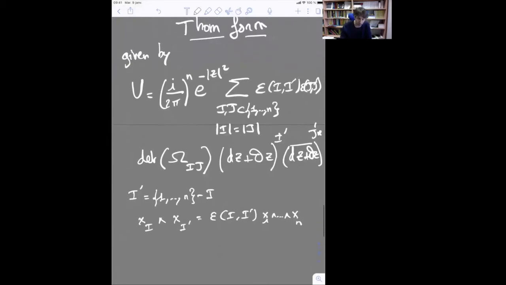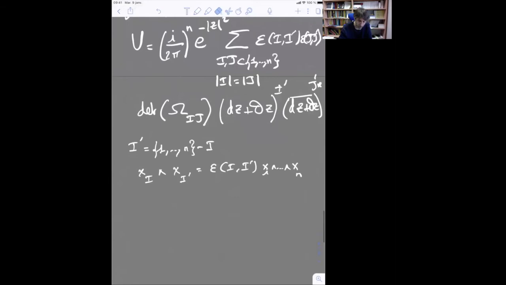Then what you get is 1 over 2 pi to the n, the Gaussian term, and now here you remember only the term that comes from the dz. So now the only term that counts is the term where I and j are empty.